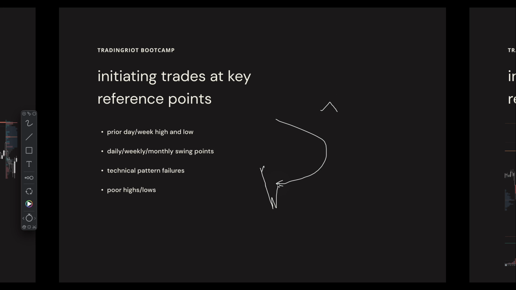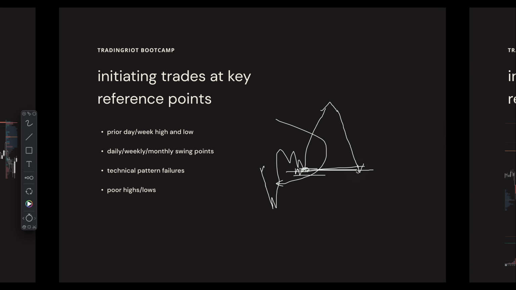Market is looking something like this. You will open on the next day, market will move lower, and you will have, for example, another low here on a prior day value area low, and you will see some sort of failure, and you will start jumping into the longs, because we took some swing low here, or it can be some sort of cluster resting here as well. It doesn't really matter.